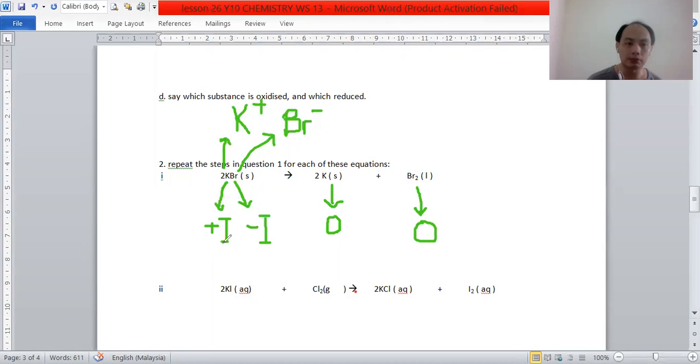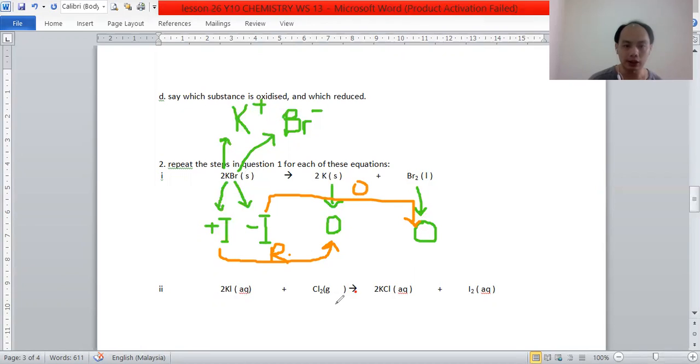Potassium goes from +1 to 0, which is to the left, so the oxidation number decreases. So it is reduction. Bromide goes from -1 to 0, so it increases. So it's oxidation.